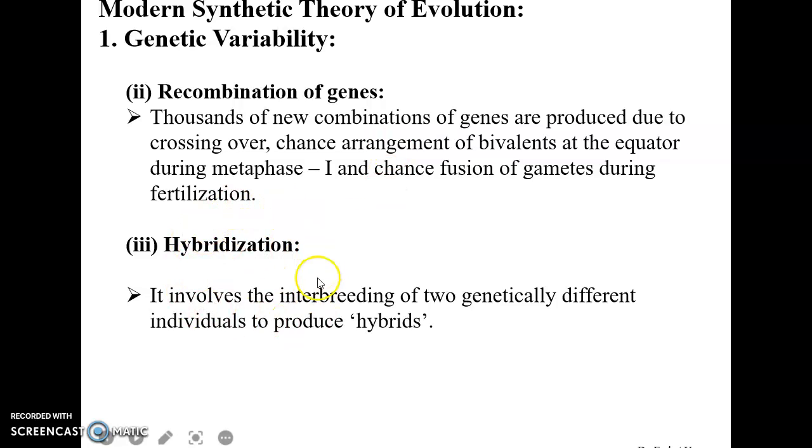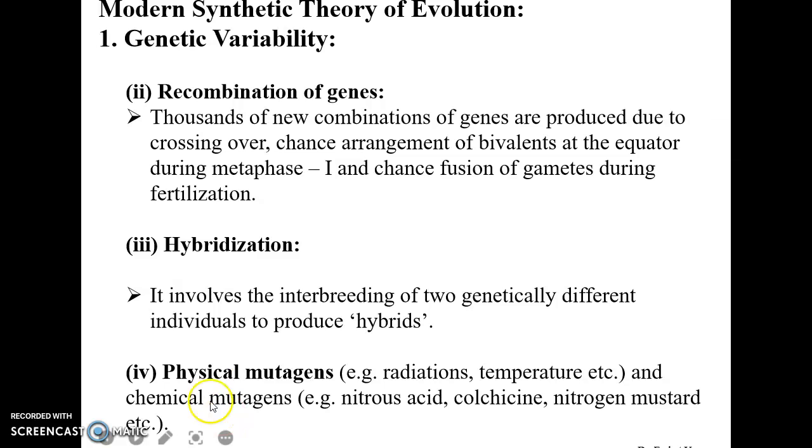Next is hybridization, which involves the interbreeding of two genetically different individuals to produce hybrids. Next are physical mutagens, such as radiations and temperatures, and chemical mutagens, for example nitrous acid. These are involved in changes in genetic variability.